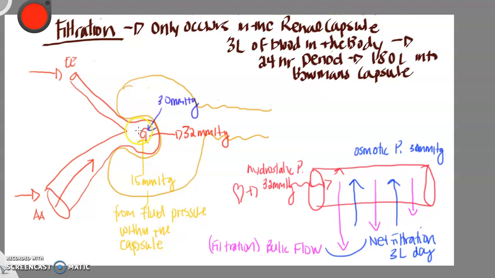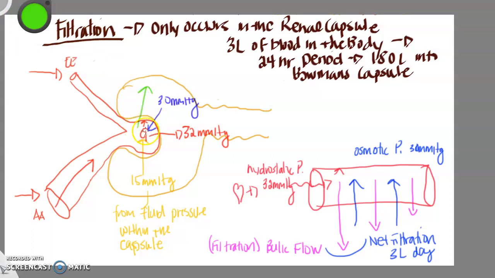If you have something like a big box with the top open, and you're putting stuff in it, but the only way to get the stuff out is a tiny hole in the bottom, it's going to accumulate more than it's going to be able to leave. Okay, so it's going to cause a pressure here, and there's going to be pressure on the vessels in the glomerulus due to the fact that there's just more blood in here and it's not able to leave as quickly as it came in.